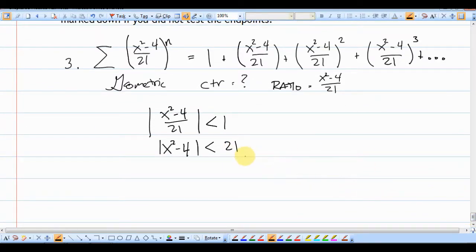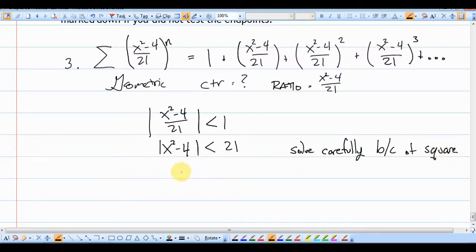Okay, so this is going to be a little bit special because you have the square. Solve carefully because of the square.